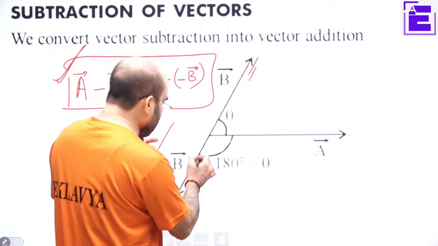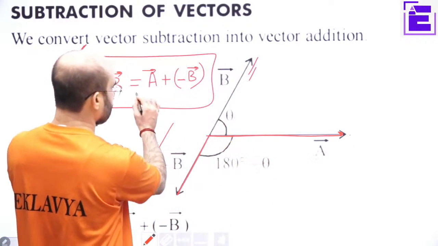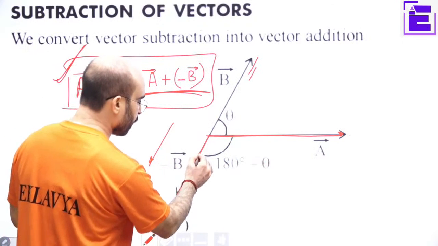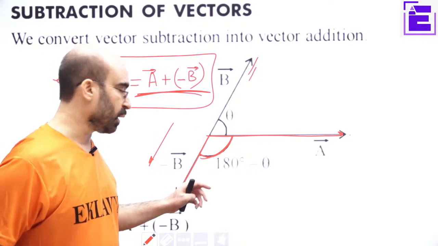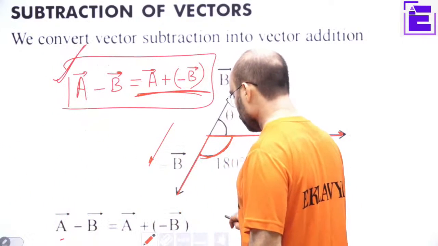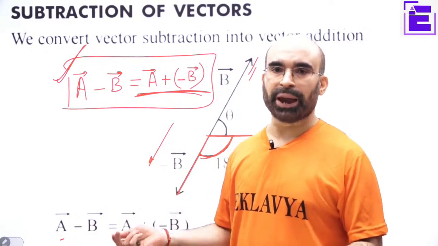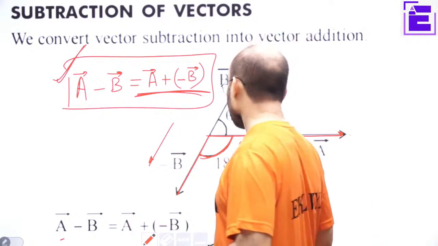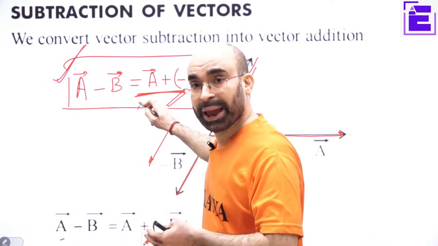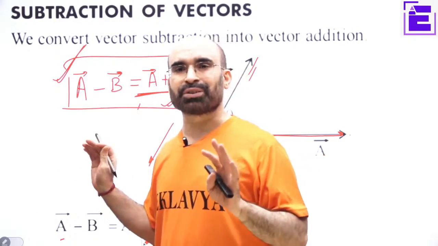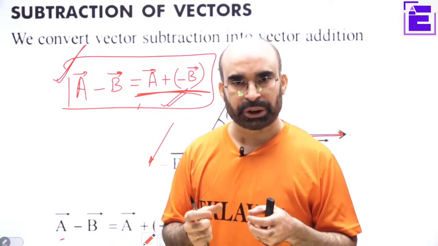The angle between these two vectors, which we are supposed to find out, will be 180 minus theta. This is what we need to do. And then simply you may get the vector sum as the sum of vector A and negative of vector B. So this is a simple thing. You know how to do the vector addition.